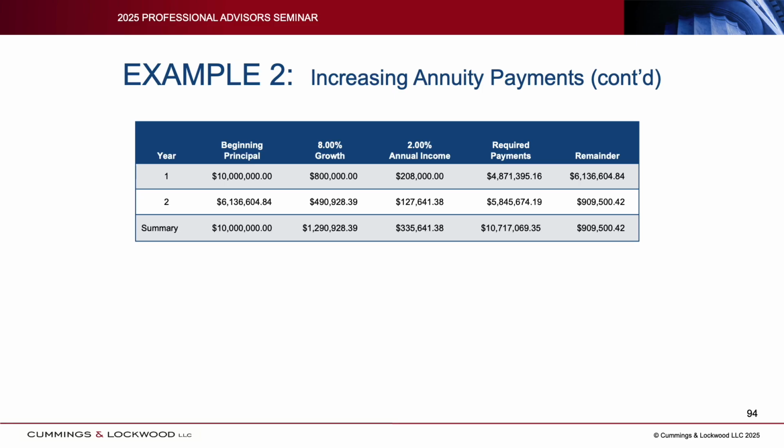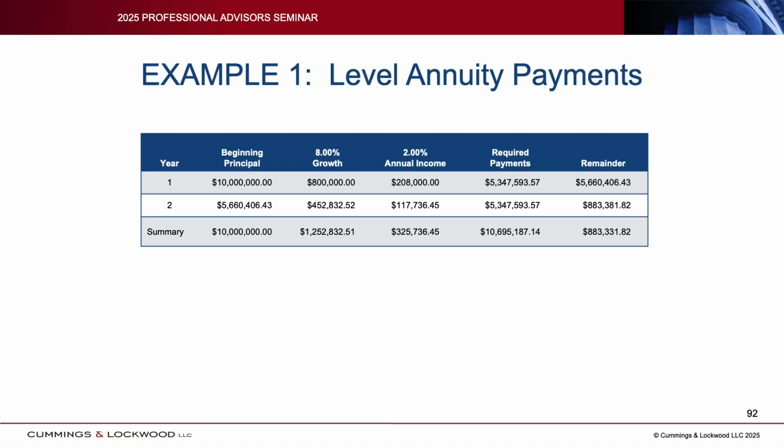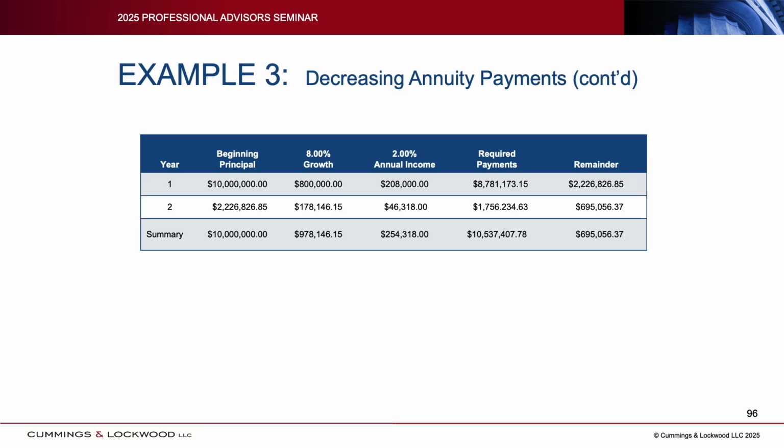If you just look at the results of this increasing annuity payment, where we have, what is that, $900,000 at the end of the GRAT, that's the GRAT success, and we compare it to the level annuity payments, which is less, $880,000, and then the decreasing annuity payments. The decreasing is actually the worst performing, which makes sense because the assets aren't in the GRAT earning longer.